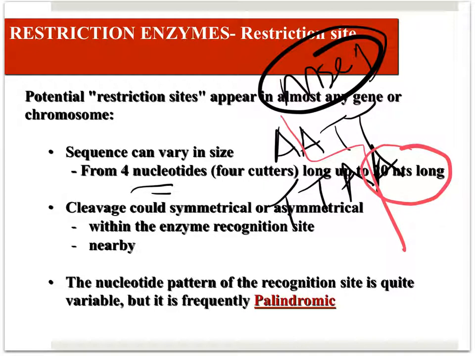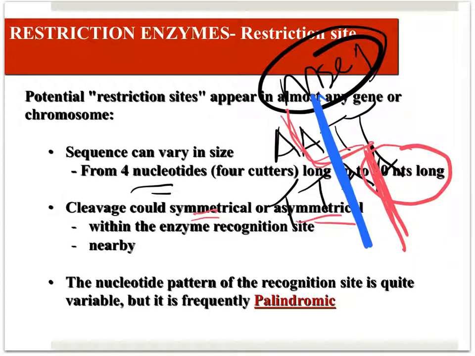The cleavage, how they cut, can be symmetrical or asymmetrical. Many of them cut asymmetrically, like MseI, which I just showed you here. Some of them cut symmetrically, right in the middle. But we'll look at those in more detail. And one key thing, there are different types of restriction enzymes.